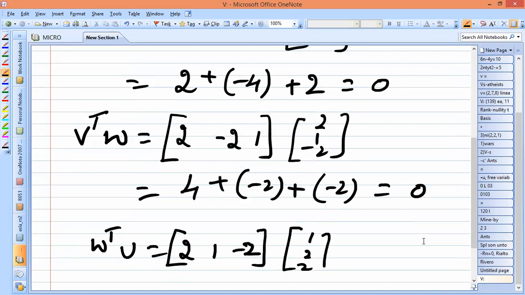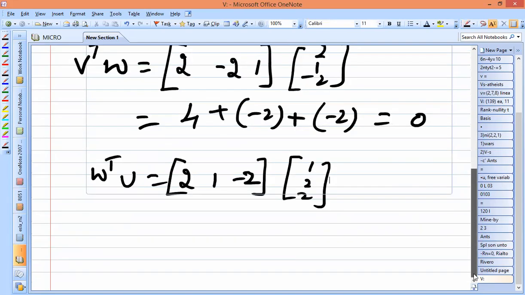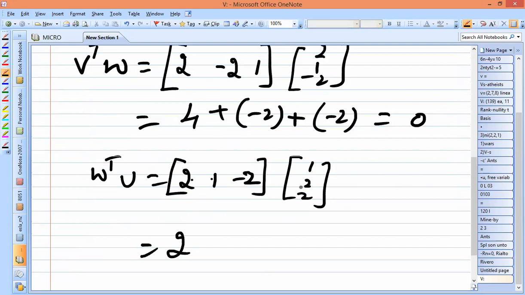Performing the matrix multiplication, 2 into 1 is 2, plus 1 into 2 is 2, plus minus 2 into 2 is minus 4. Once again the value is 0. So all three vectors U, V, W are orthogonal pairs.